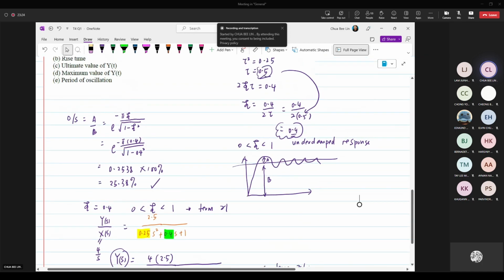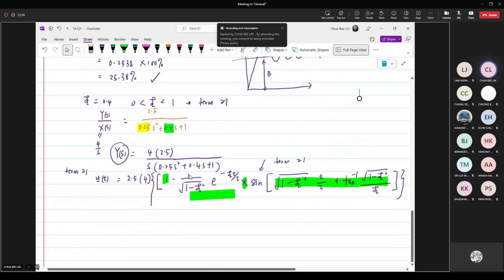So you substitute these two into this equation, you get 10, then big bracket 1 minus 1 over square root of 1 minus 0.4 power 2, this one square root, then e negative 0.4, t over the tau, which is 0.5.